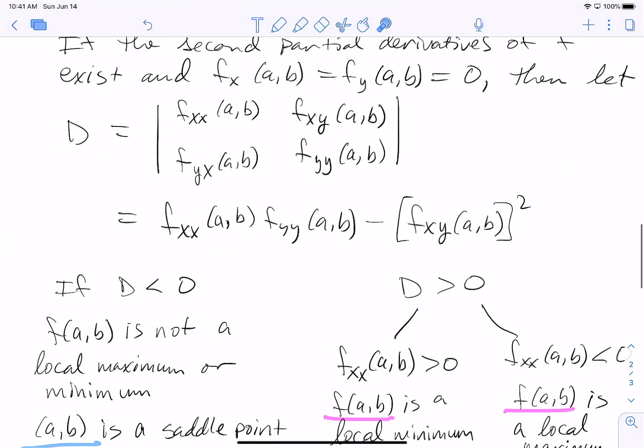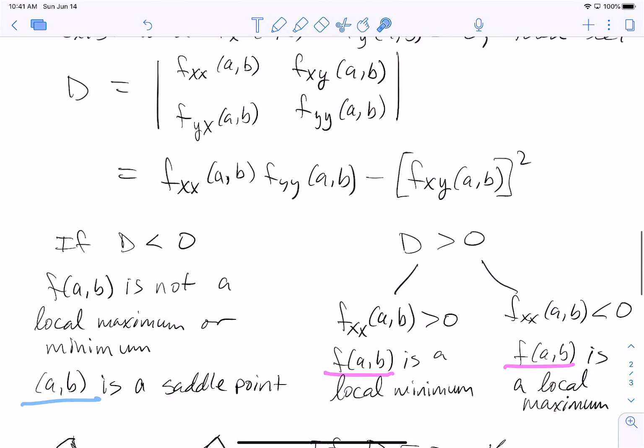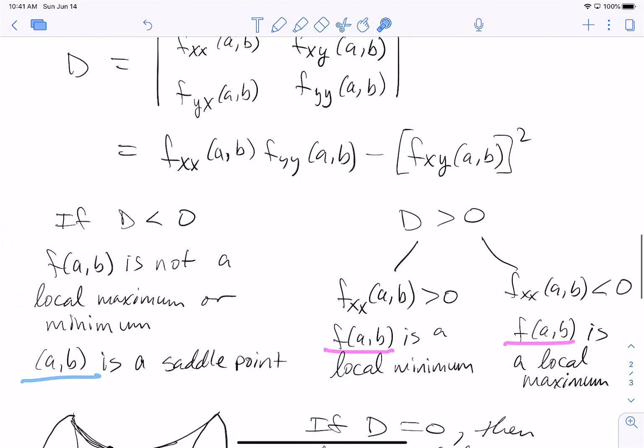Now, when we consider this D, we've got fxx and fyy, and then, of course, fxy. The question that may come up is, why, if D is positive, do we only look at fxx and see if it's positive or negative? For that, we're going to look at the expression that gives us D. It's fxx times fyy minus fxy squared, right?